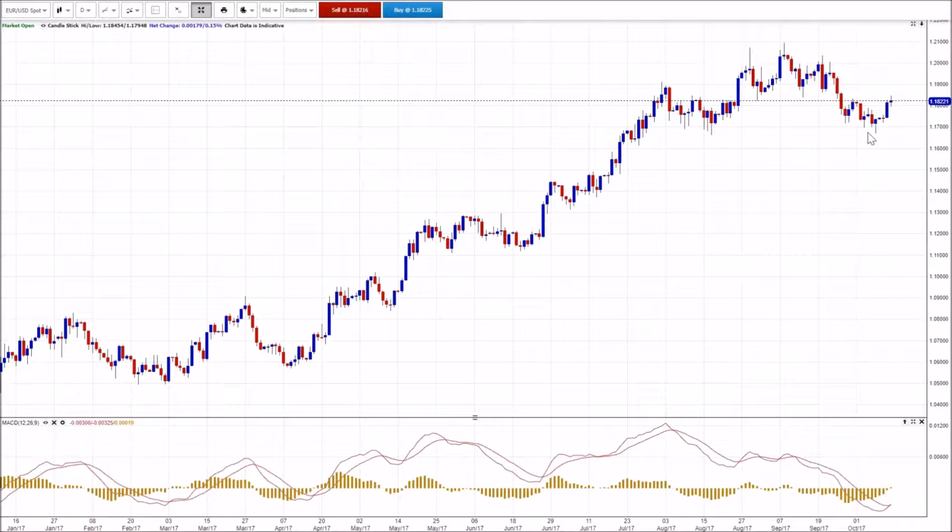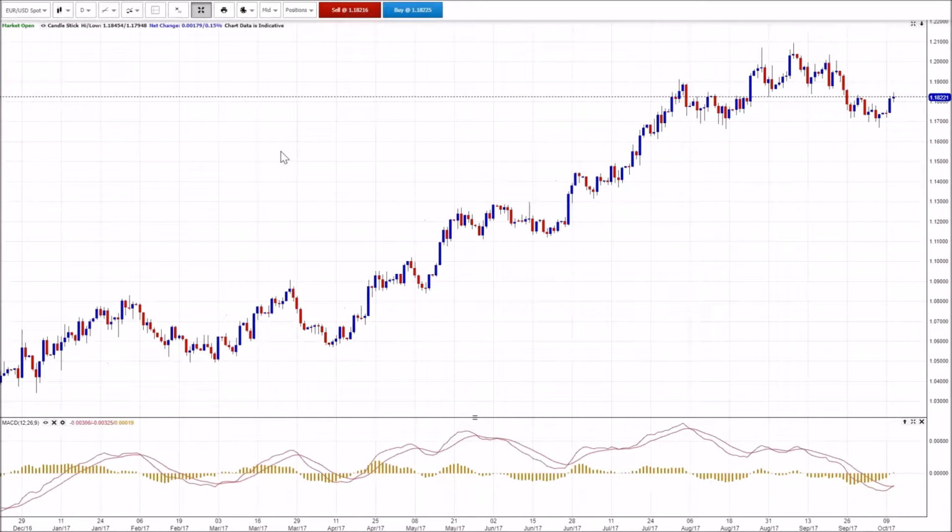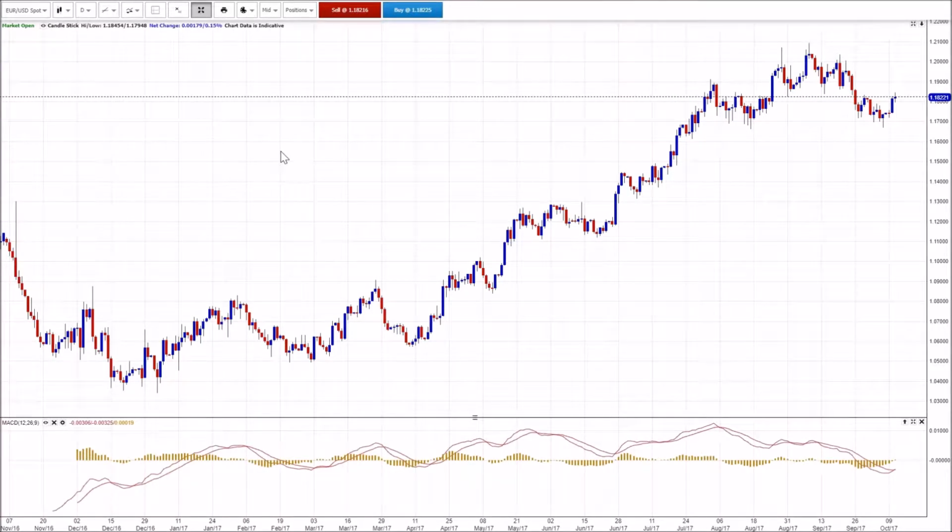But we have seen something of a turnaround in the euro's fortunes over the last couple of days. And I think it is an interesting one because we have seen such a big rally in euro dollar this year, from the April levels around about 106 up to 121, so a 15% rally in under 6 months for euro dollar.